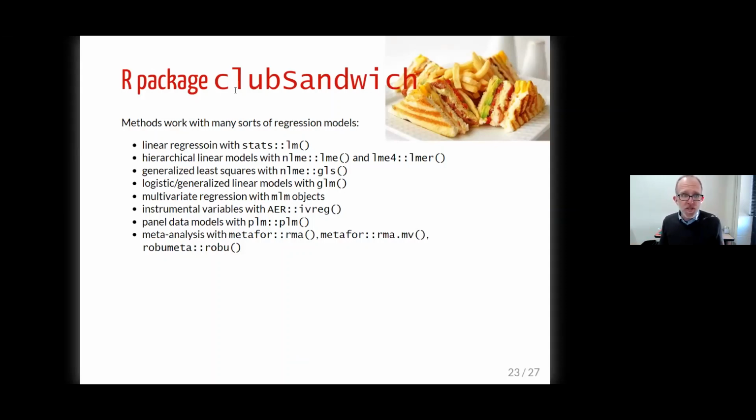It also works with a whole bunch of other types of models that can be fit using different packages in R, where the same sort of sandwich estimation technique applies.